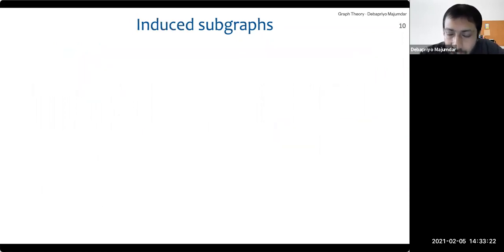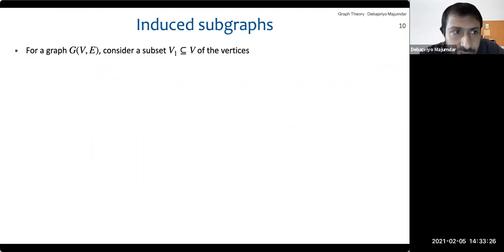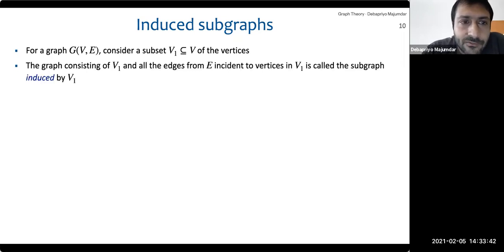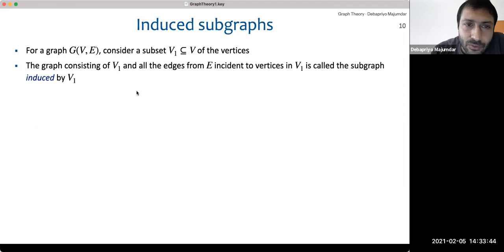So induced subgraphs are exactly those where, for a graph, you consider that you want to drop some vertices. It may not be an operation as such, but it's considered a subset of the vertices. Let the subset be V1. The graph consisting of V1 and all the original edges that are incident to vertices in V1 is called the subgraph induced by V1.